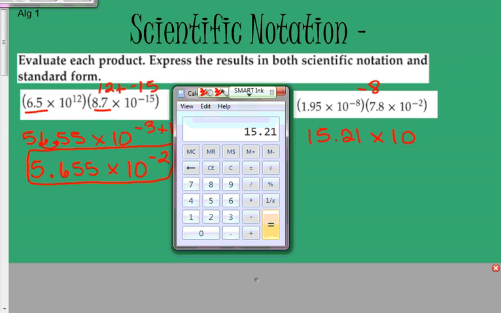Now it's negative 8 plus negative 2, which is a negative 10. Same situation: our 15 is bigger than 10, so we're going to have to move the decimal back 1. So it's 1.521 times 10 to the... Now remember, going back to the left when you're putting it in scientific notation adds 1, so it's 10 to the negative 9th power. And there, it's finished now.